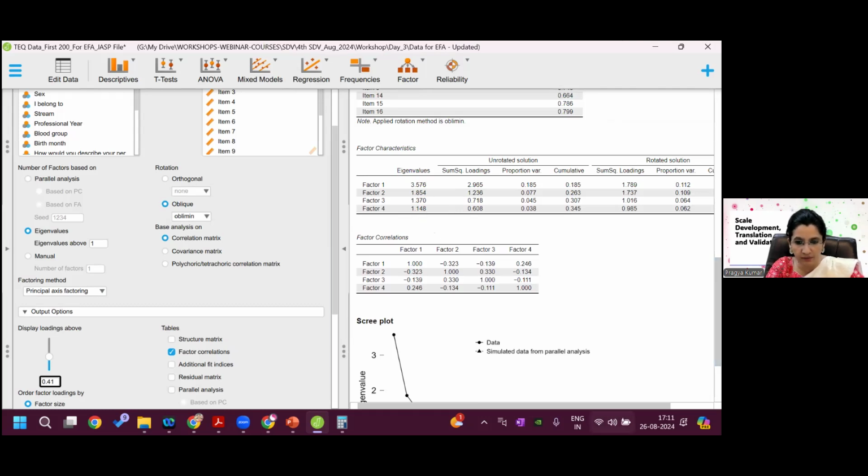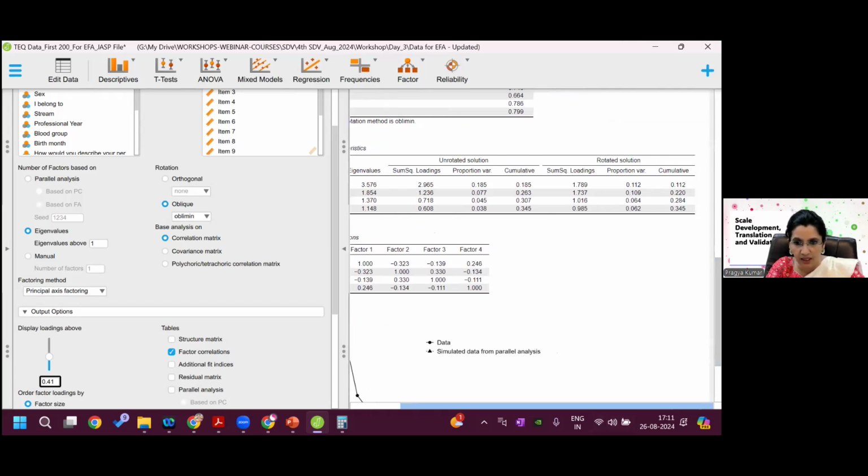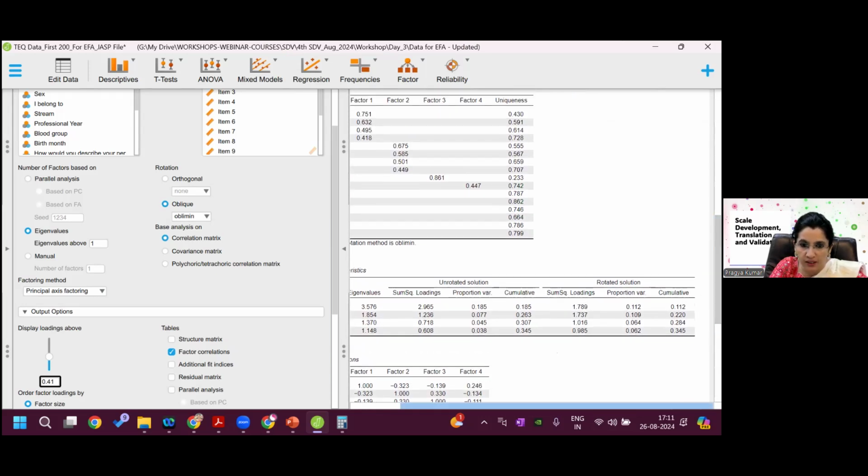But again, with this, you can see that the variance in the previous one was 29%, but with the 4-factor structure, it is giving you 34% variance. And if you come up, then you can see the factors.